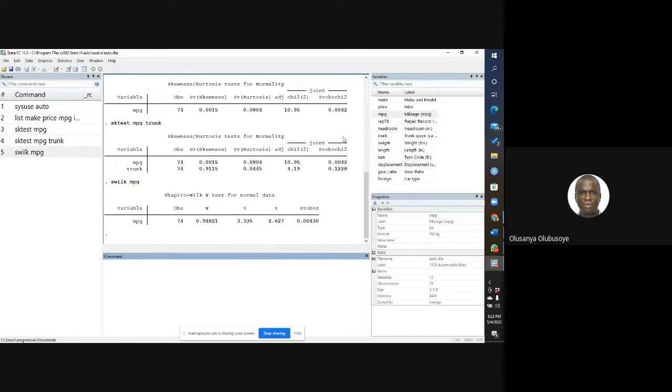You will now compare that alpha value with the p-value that is reported in your test output. And the p-value here is 0.00430. So put it down.